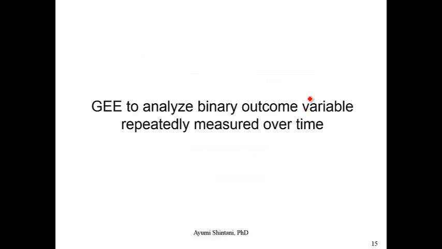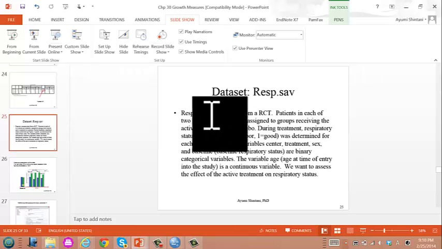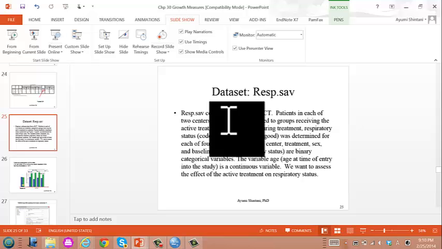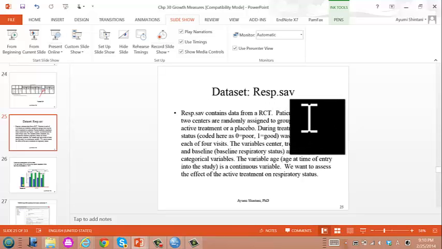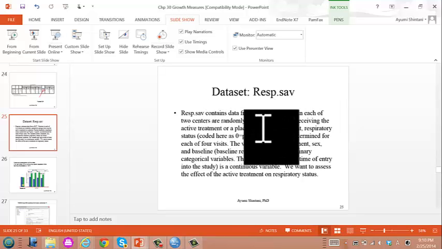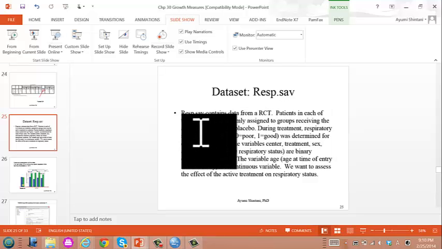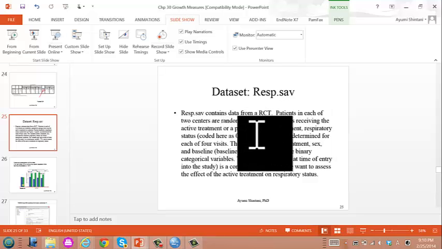And next example, which is the last example in this chapter, we are going to use binary outcome variables. And RESP.SAV contains data from an RCT. Patients in each of two centers are randomly assigned to groups receiving active treatment or a placebo.